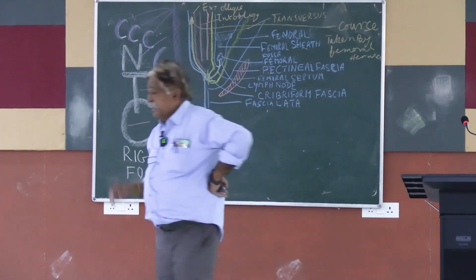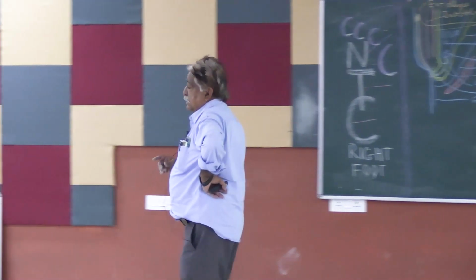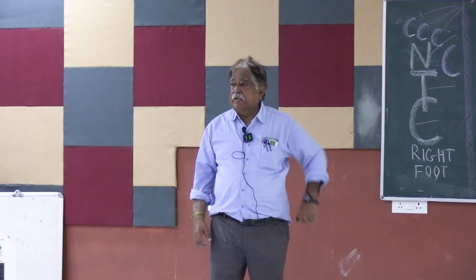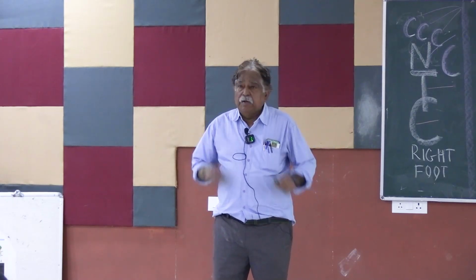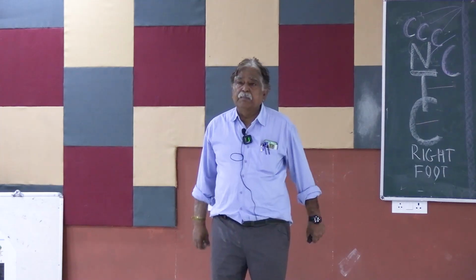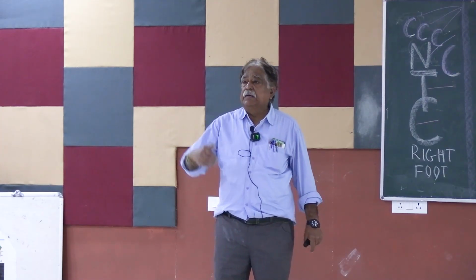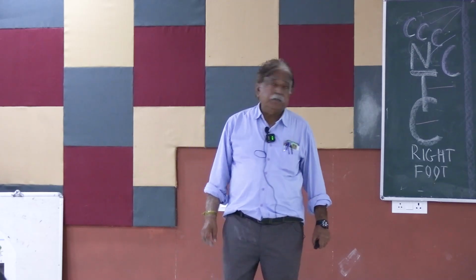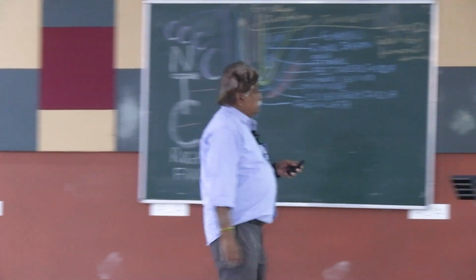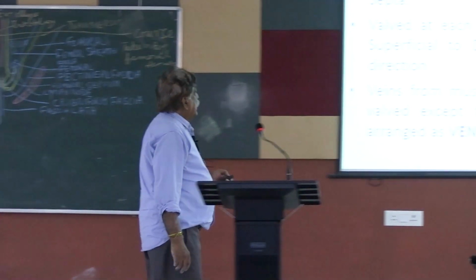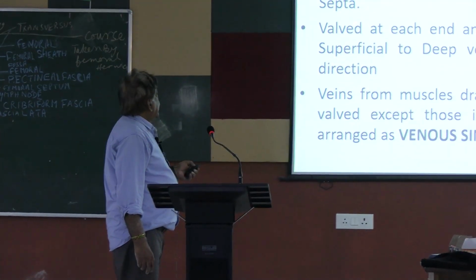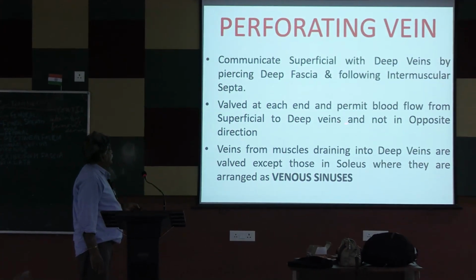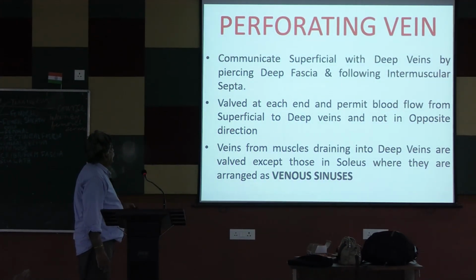If you are walking a distance, suddenly muscles get fatigued and you have to sit down. You are going on a bicycle, then after a distance of 1 kilometer, you get fatigued. Now this is one thing, with valves at each end permitting blood flow from superficial to deep veins and not in the opposite direction.